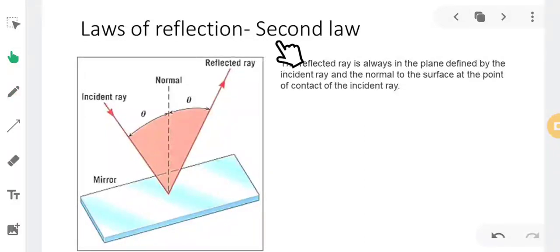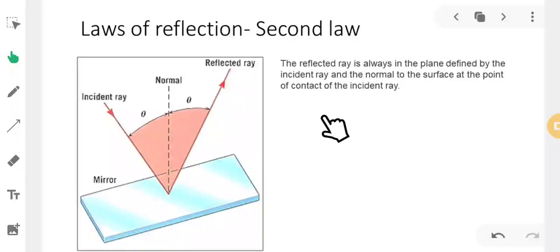Moving on to our second law of reflection, the reflected ray is always in the plane defined by the incident ray and the normal to the surface at the point of contact.